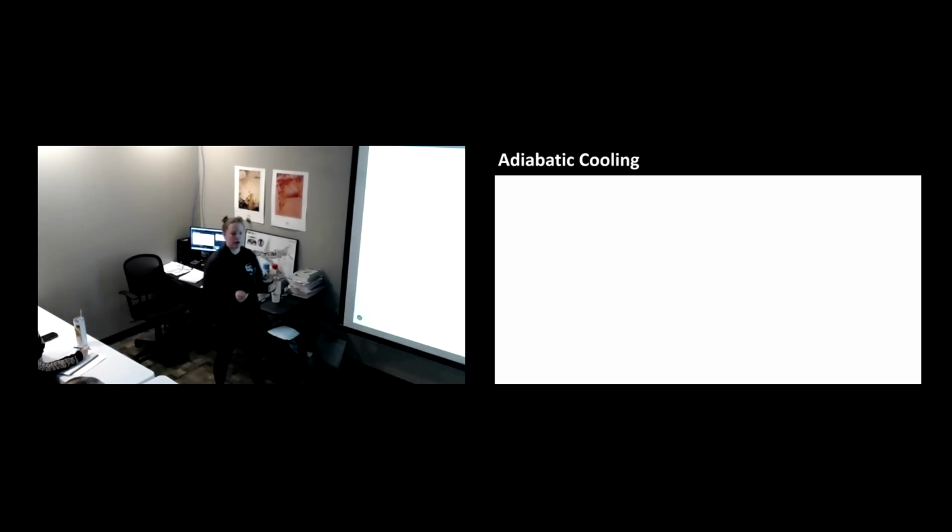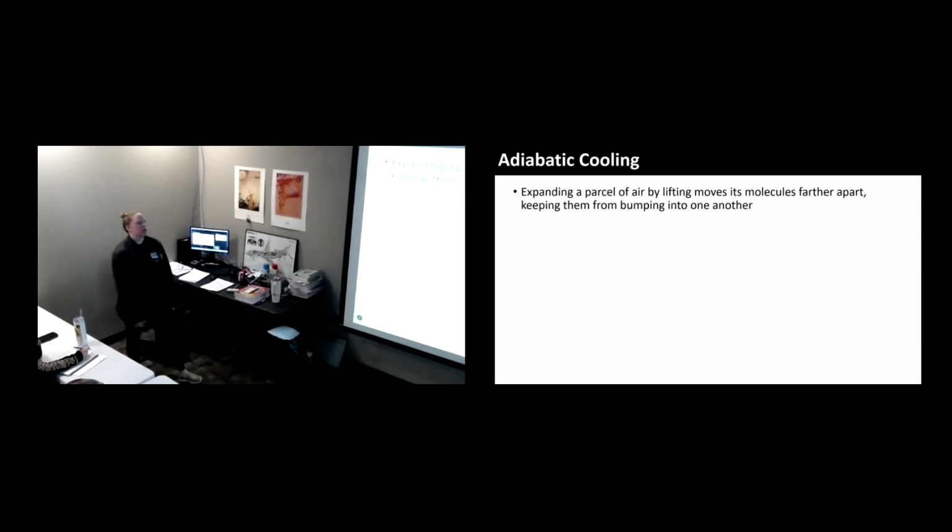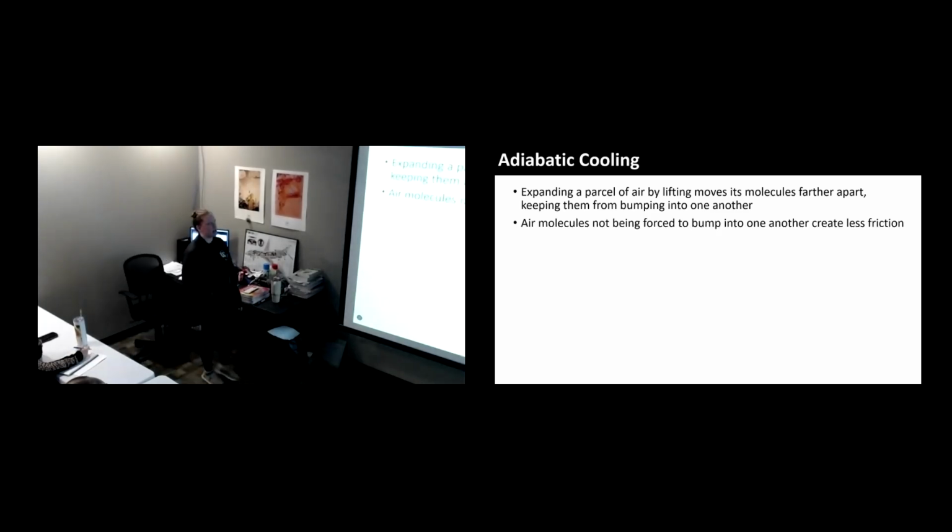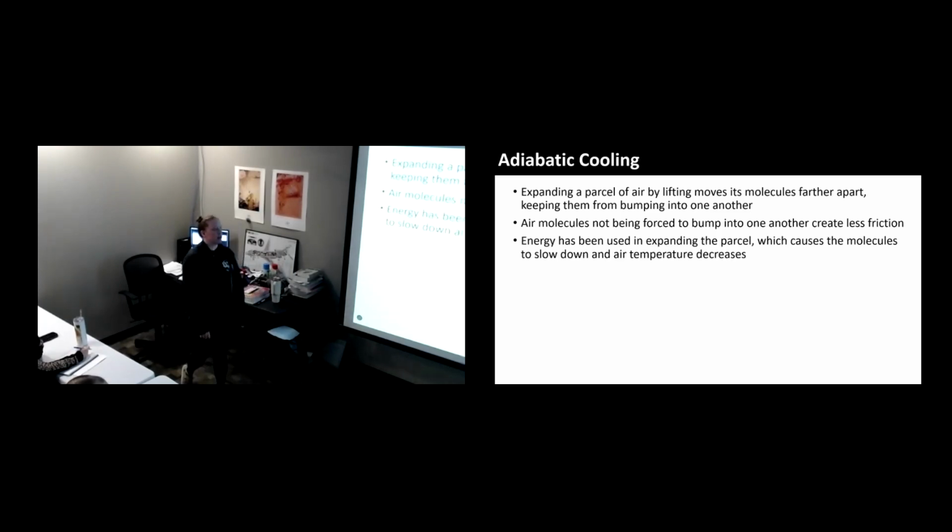It just happens. Expanding a parcel of air by lifting moves its molecules further apart, keeping them from bumping into each other. The air molecules not being forced to bump into each other creates less friction, and the energy has been used in the expanding parcel, which causes the molecules to slow down and the temperature to decrease. That's why it gets colder up top.